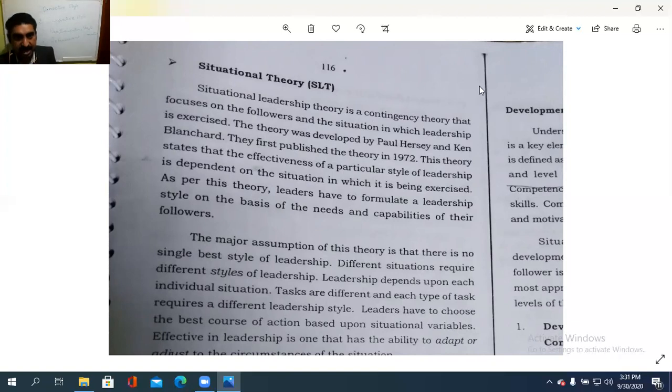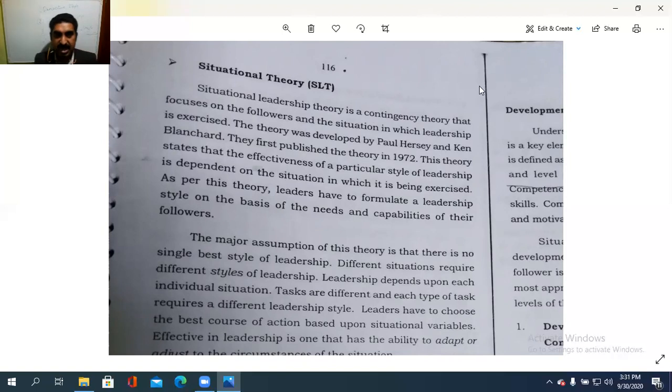This theory states that the effectiveness of a particular style of leadership is dependent on the situation in which it is being exercised. What situation it prevails in, based on the situation only it gets performed. That is the thing with regard to Paul Hersey and Ken Blanchard.